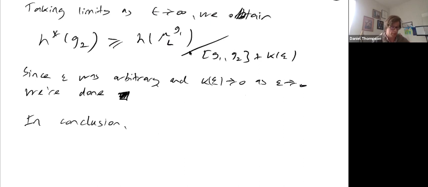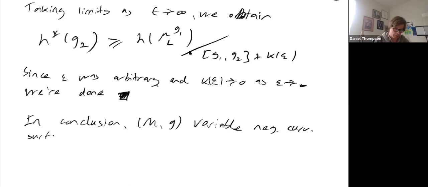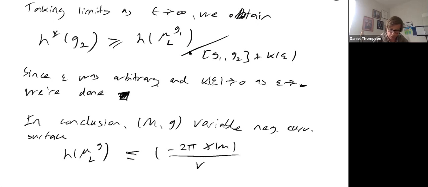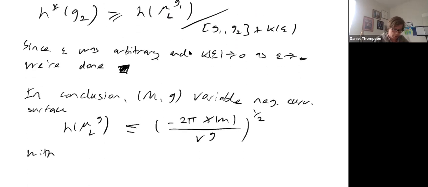And if you go back to the last class, you'll see that the key lemma gives us, in a short argument, the following statement: for a variable negative curvature surface, the Liouville entropy of G is less than or equal to the square root of minus 2 pi Euler characteristic of M over its area, with equality if and only if constant negative curvature.